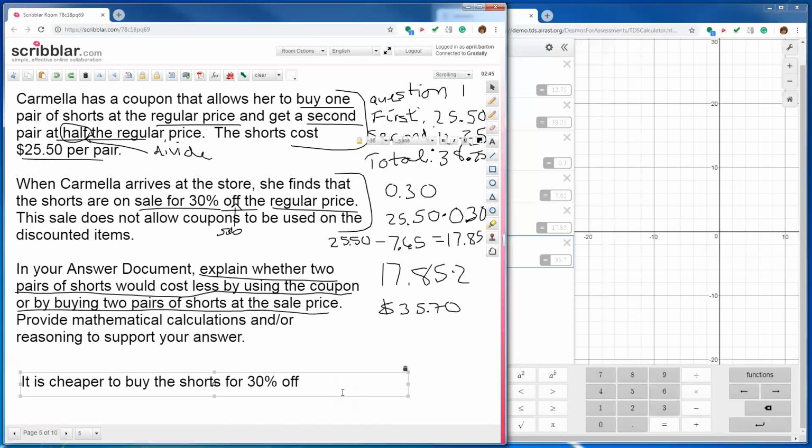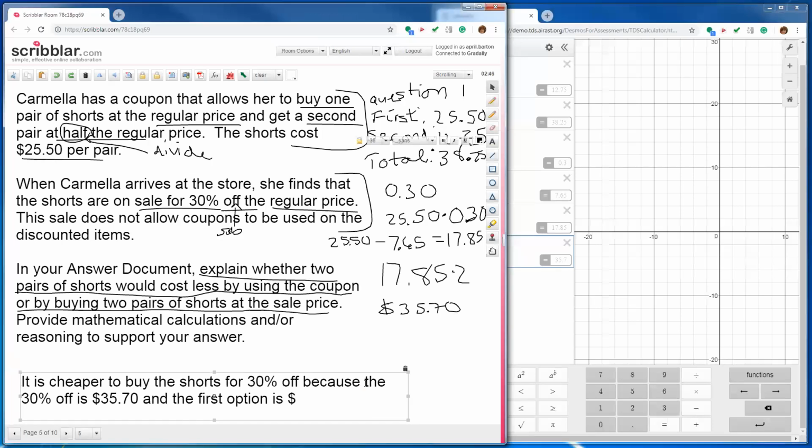So you want to make some sort of statement that you know which option is cheaper. Don't just assume. And if you want to get even more specific, you could explain why. I was assuming that the 30% off would be cheaper before we even did the problem. Yeah.